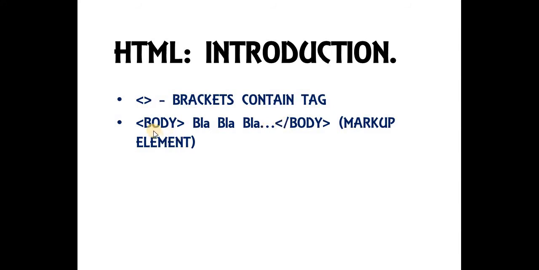So altogether, an opening tag and whatever it contains plus the closing tag are called the markup element. So you can simply say that a markup element is a set of tags that has something inside of it.